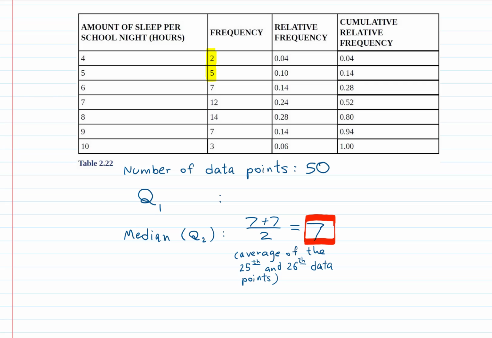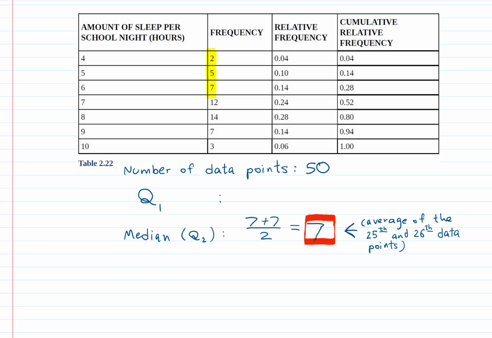That's 7 data points so far. We need to go 6 more data points to get to the 13th one. And since there's 7 6s, then the 13th data point will be a 6.